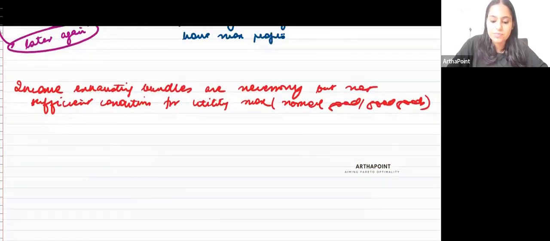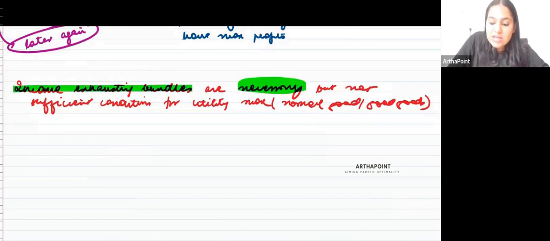Let's evaluate very similarly. I am saying income exhausting bundles are a necessary condition, which means if I don't exhaust my income completely, then definitely I am not maximizing my utility, which is correct.